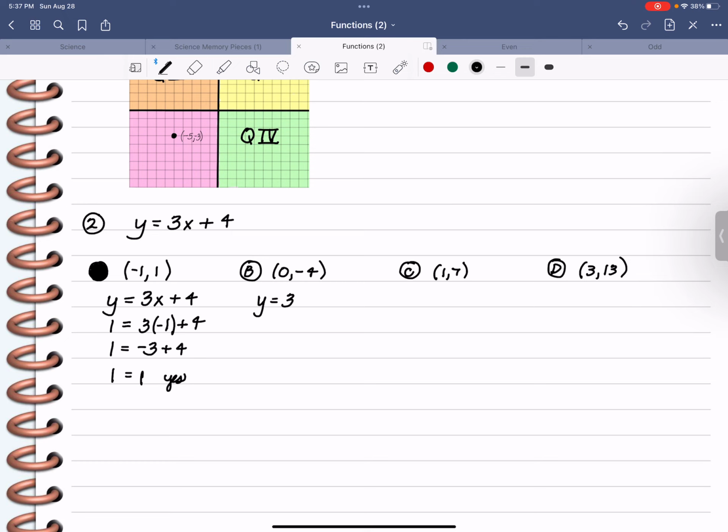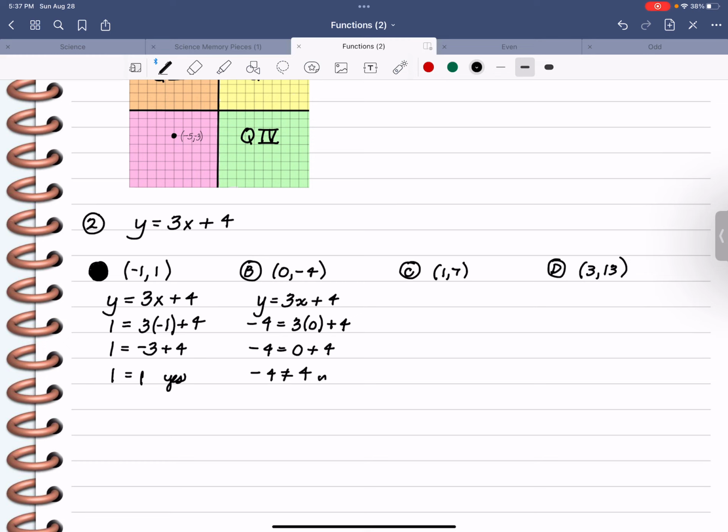B, we have 3x plus 4 there, so y is -4 and x is 0. -4 equals 0 plus 4. No, that does not equal 4.